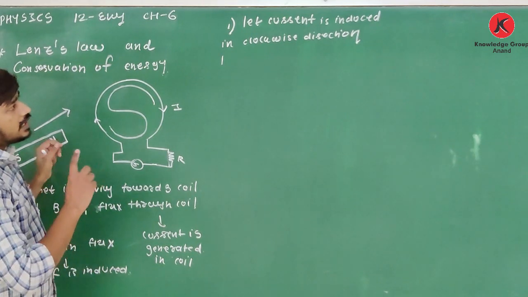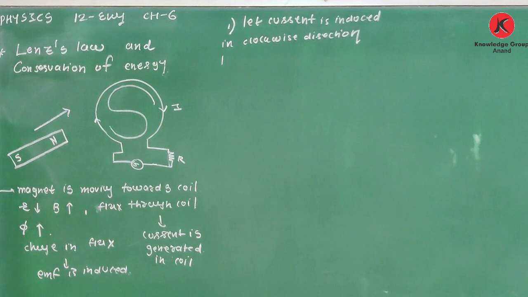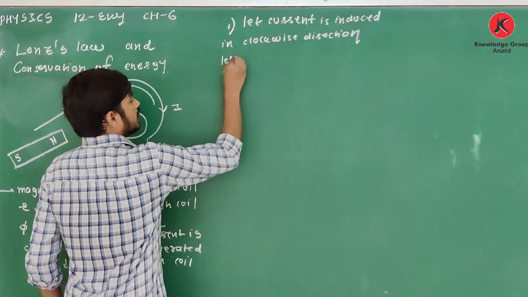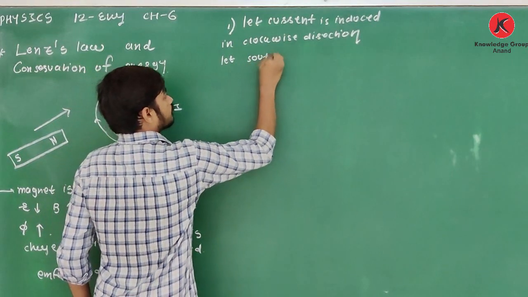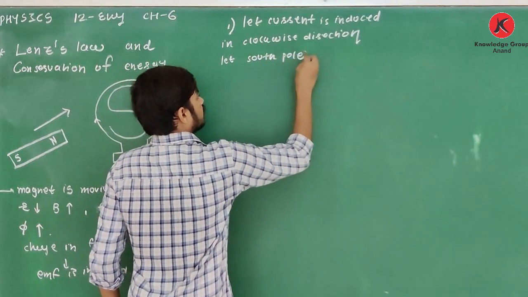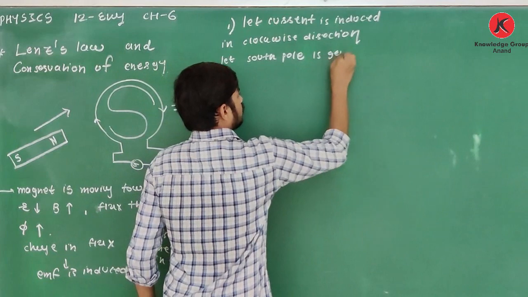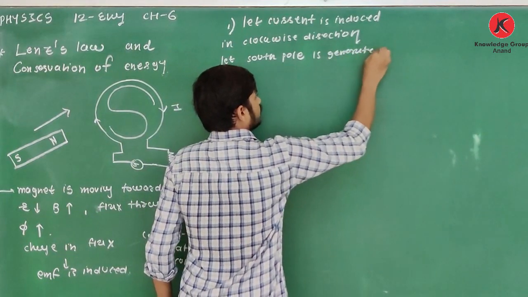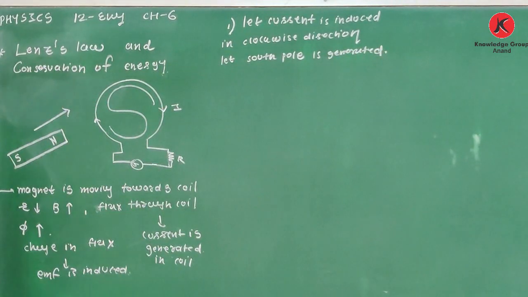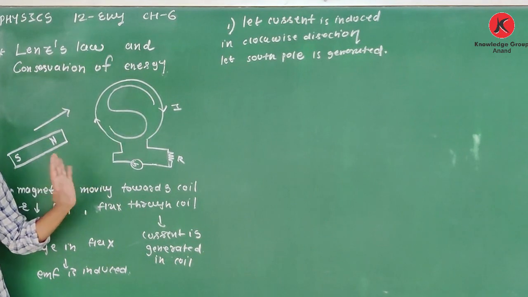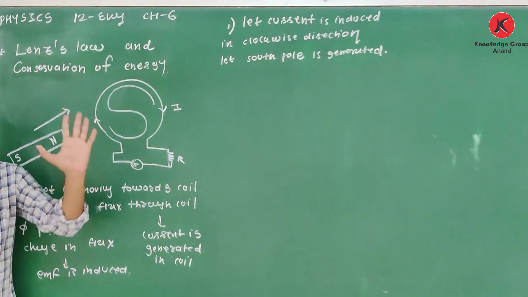Current is induced in the clockwise direction and a south pole is generated. That we have assumed.